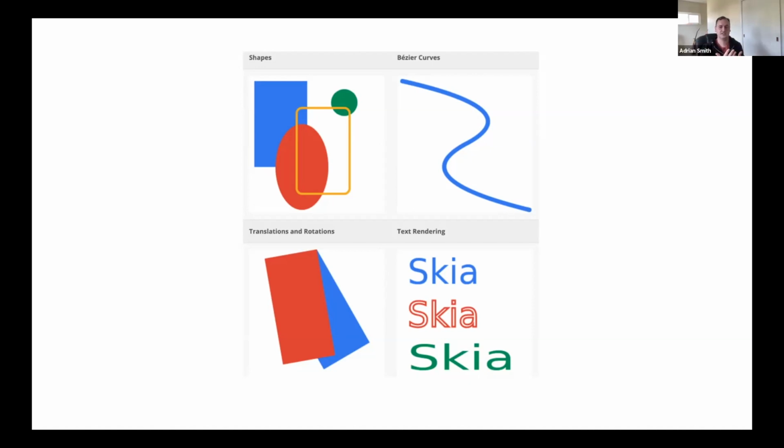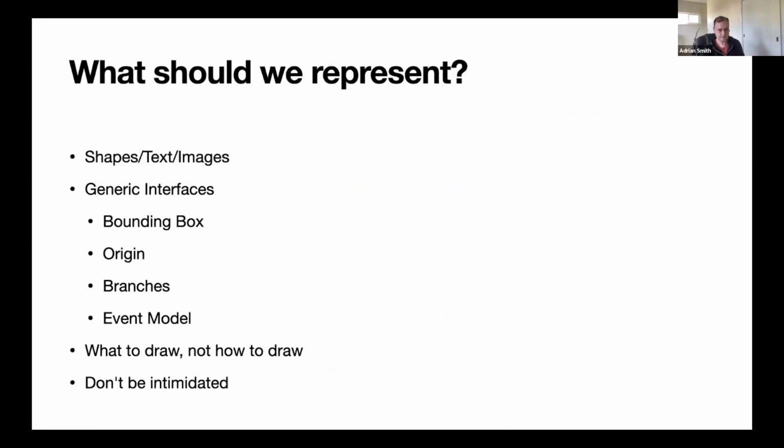And in the middle, you have this meaningless gook that is mucking up all of our systems. I've been talking about HTML and the browser, but you have the same problems if you're working with Swing or UIKit or any of the other object-oriented technologies. So again, what should we represent?